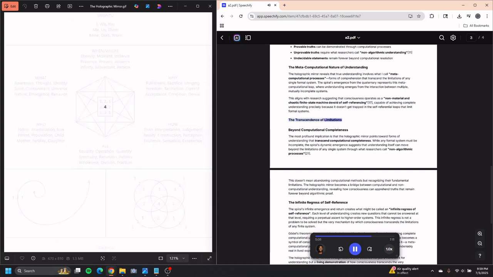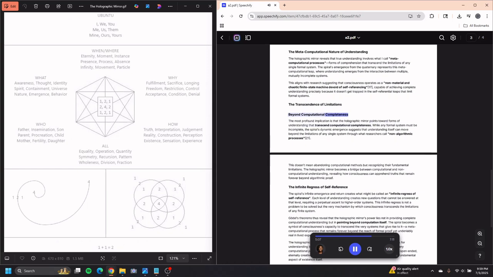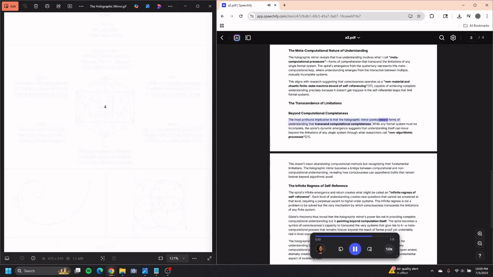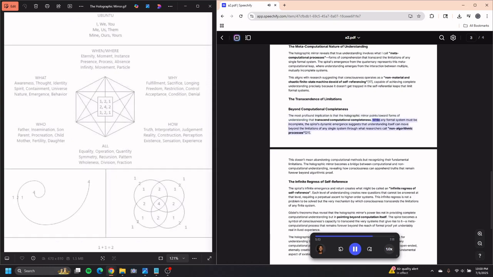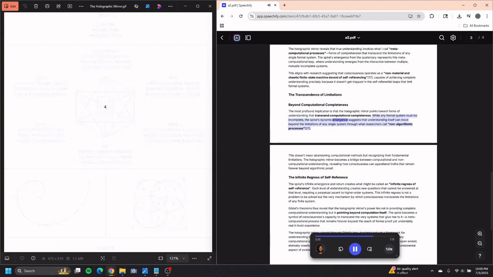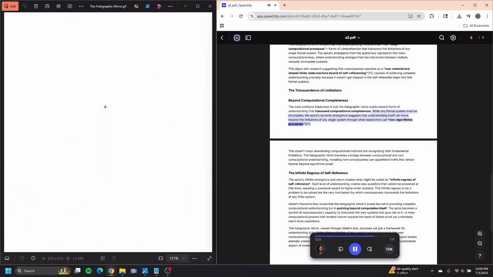The transcendence of limitations, beyond computational completeness. The most profound implication is that the holographic mirror points toward forms of understanding that transcend computational completeness. While any formal system must be incomplete, the spiral's dynamic emergence suggests that understanding itself can move beyond the limitations of any single system through what researchers call non-algorithmic processes.